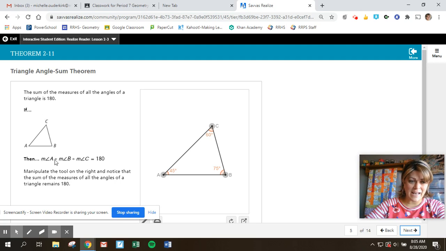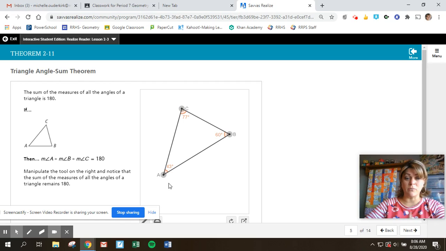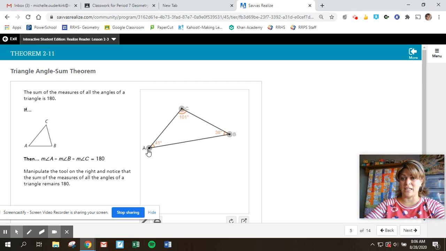Now on my screen, it kind of looks like it's subtraction. It is indeed a plus sign right there. They are adding. So these three angle measurements equal 180. And again, you can manipulate these and grab a calculator to double check. Do all three of those actually add up to 180 every single time? Yes, they do.